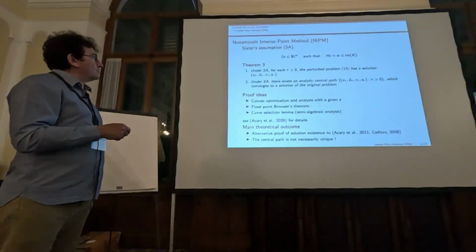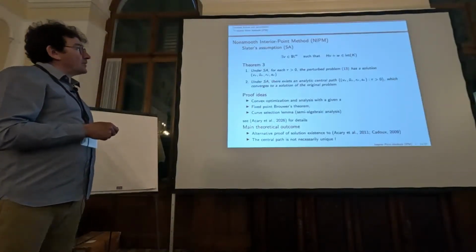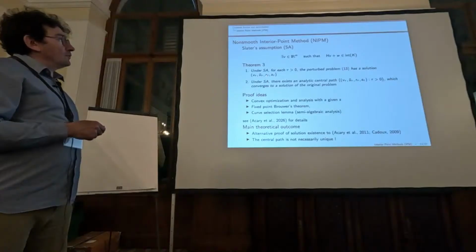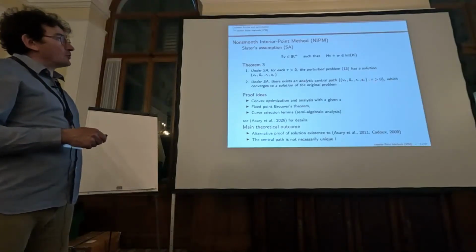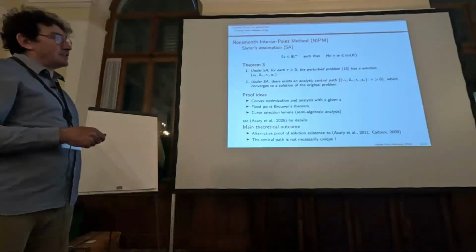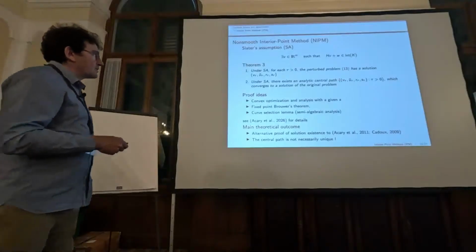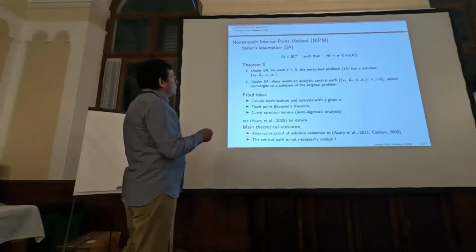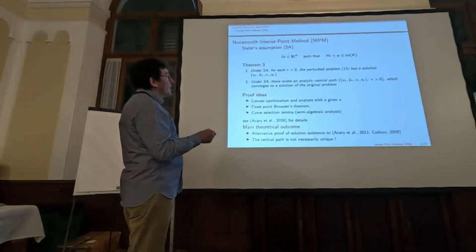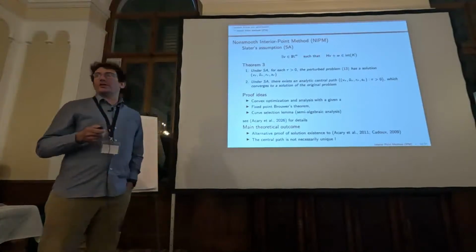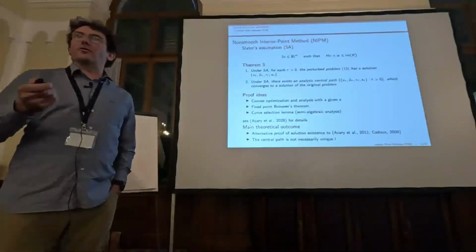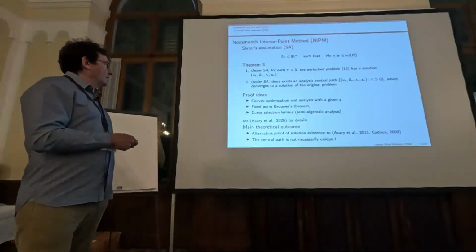Moreover, for every positive tau, this central path is analytic. It's a result that we get just with this assumption, and this assumption can be easily checked numerically. You just have to solve a feasibility optimization problem.